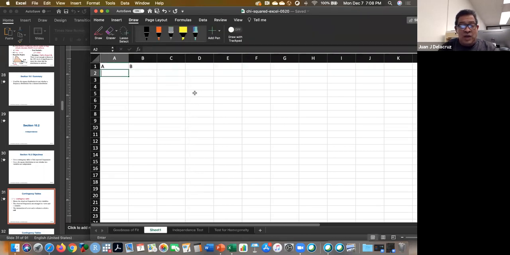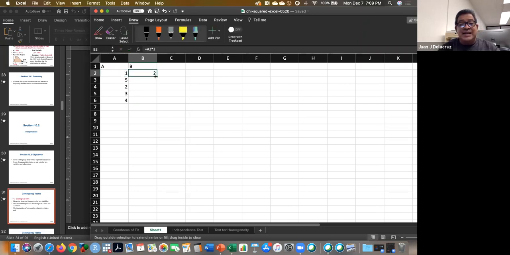So A is 1, 2, 3, 4. And let's say that this is 5. So that's the data I have. So you have another variable that is this same column, but the double.